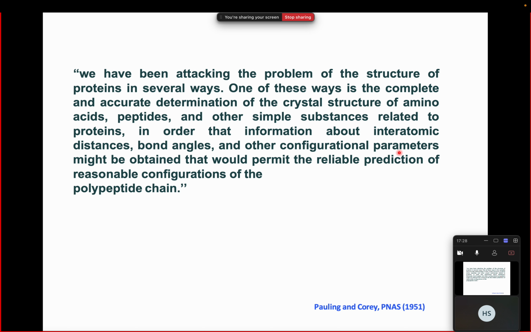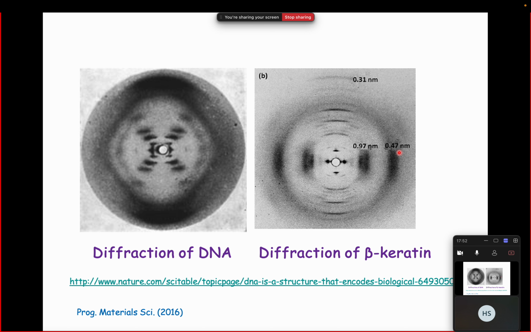One of these ways is the complete and accurate determination of the crystal structure of amino acids, peptides, and other simple substances related to proteins, in order that information about interatomic distances, bond angles, and other configurational parameters might be obtained that would permit the reliable prediction of reasonable configurations of the polypeptide chain.